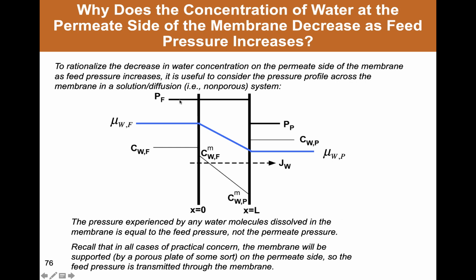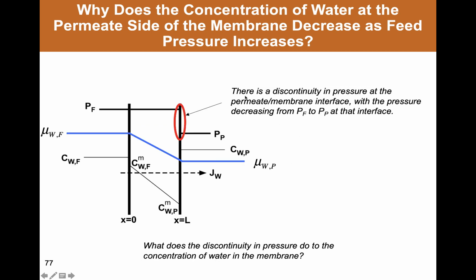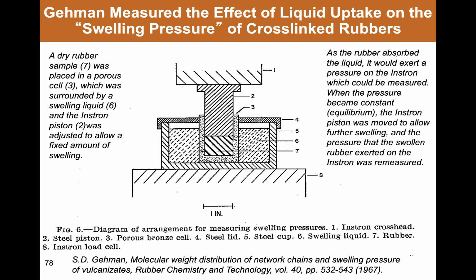And again, remember that this pressure profile for the solution diffusion model is that the feed pressure is transmitted through to the backside of the membrane, and there's a discontinuity in pressure at the permeate membrane interface, and the penetrant molecules that are dissolved in the polymer are exposed to the feed pressure, while those that are in the contiguous liquid phase are exposed to the much lower permeate pressure. And we'll look at another set of really old data.